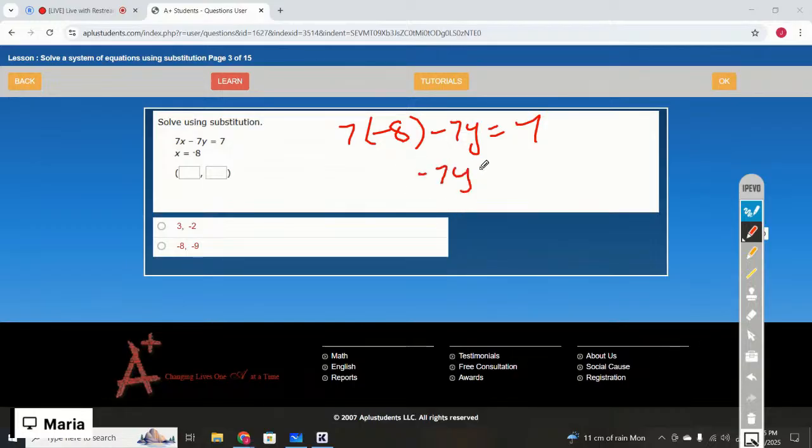Negative 7y equals 7 plus 56, 63. Negative 7y equals 63.